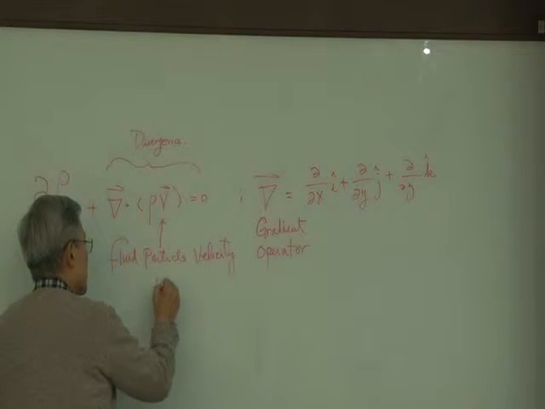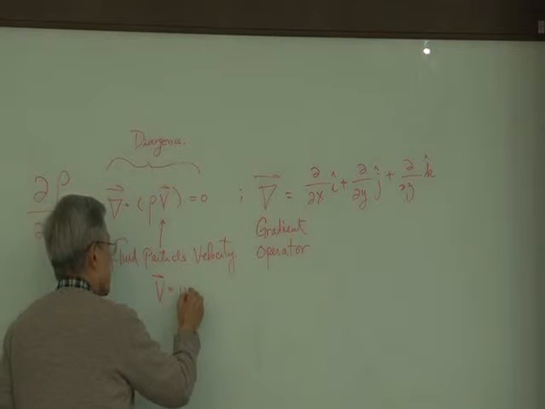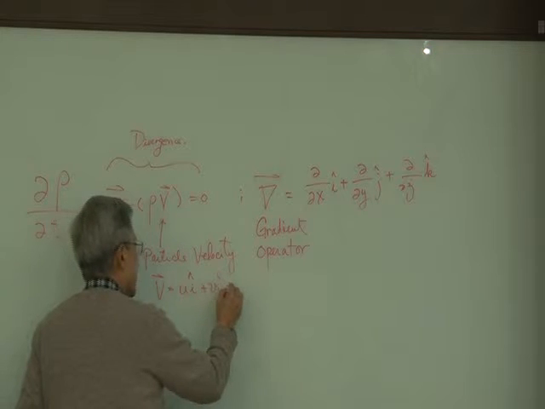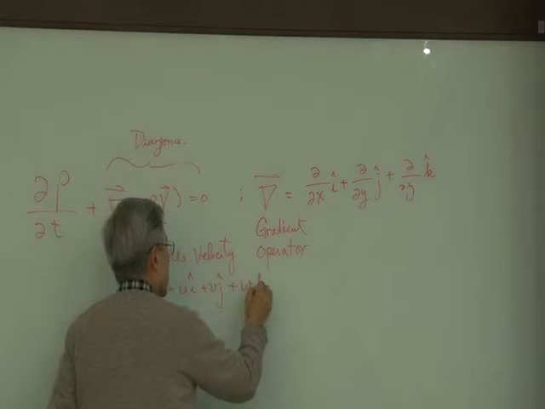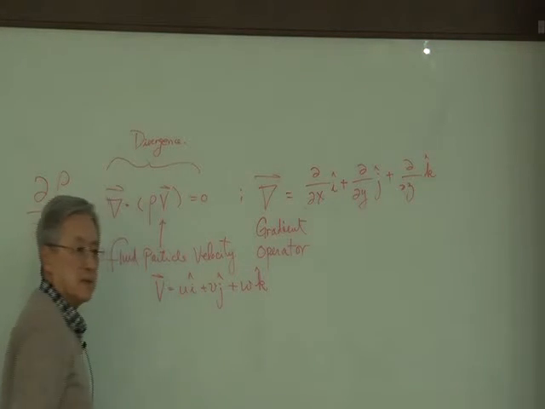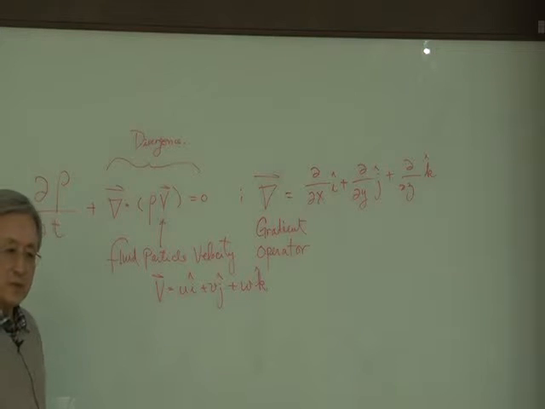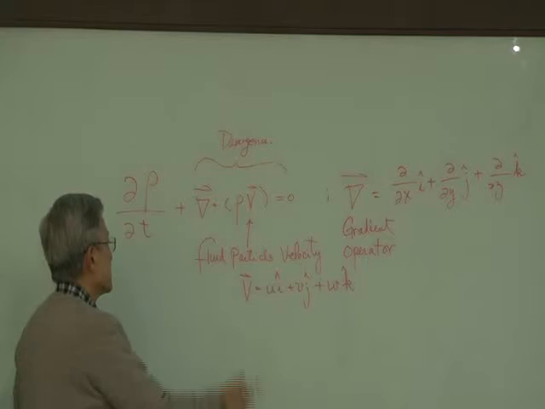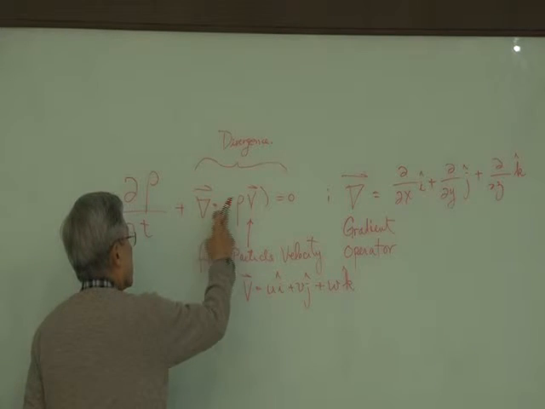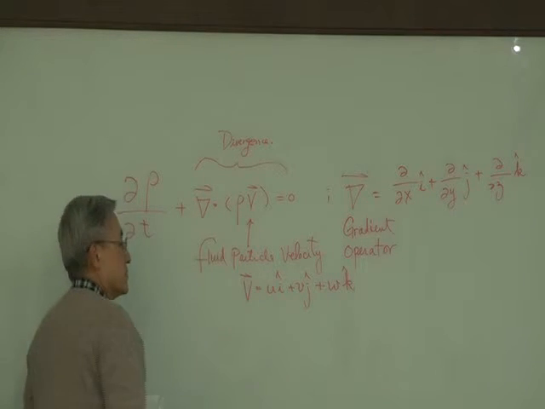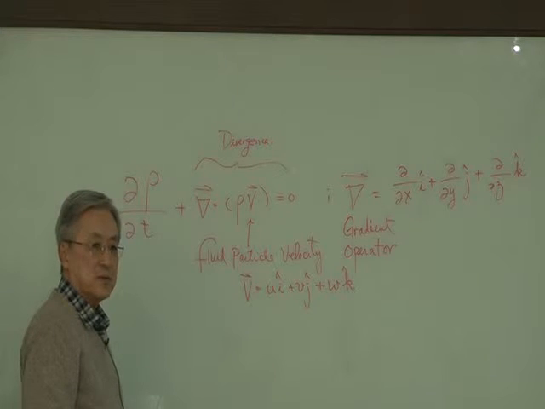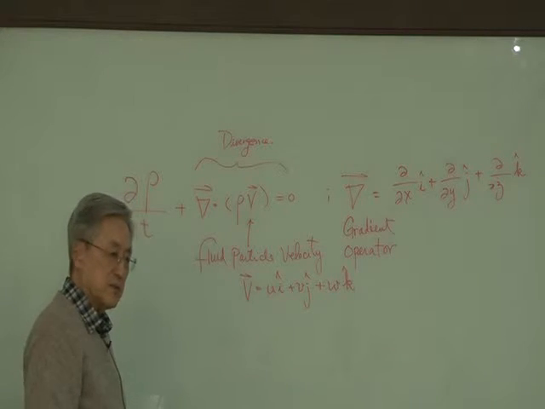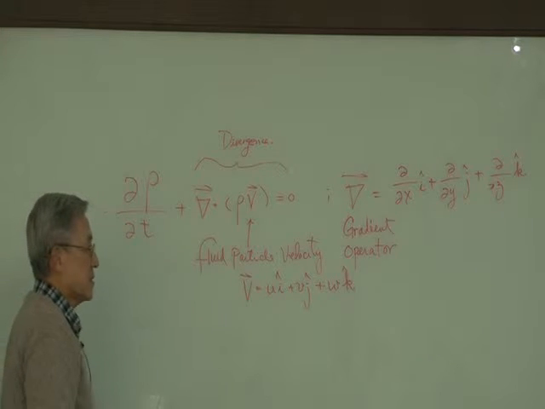So v here is equal to ui plus vj plus wk, where i, j, k are unit vectors in the x, y, z directions. So del dot v, for example, is called the divergence. When you have a scalar product, the result is a scalar.